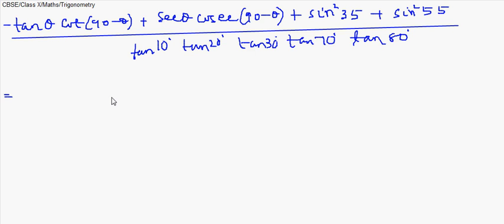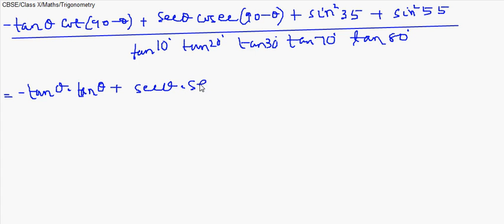Take this question up. See, minus tan theta, let it be minus tan theta. Now cot(90 - theta) is tan theta, so it becomes tan theta, plus sec theta. And what is cosec(90 - theta)? That is again sec theta.